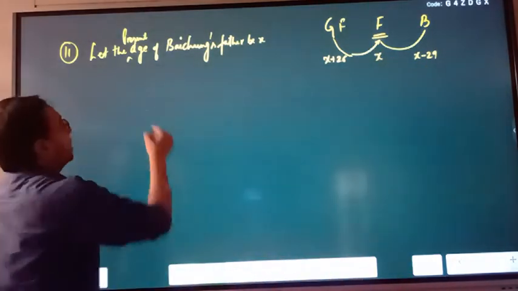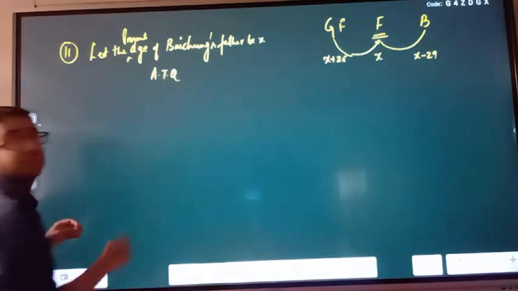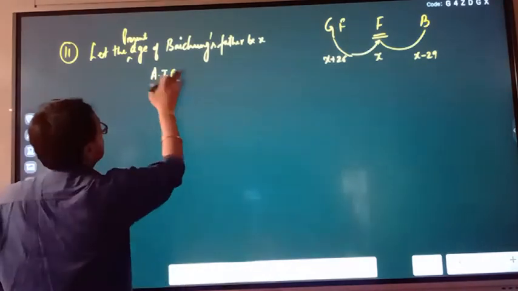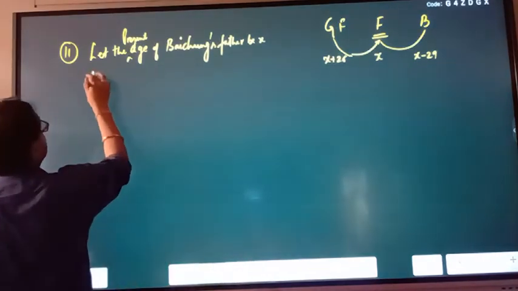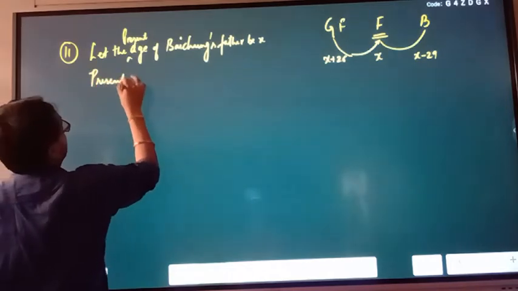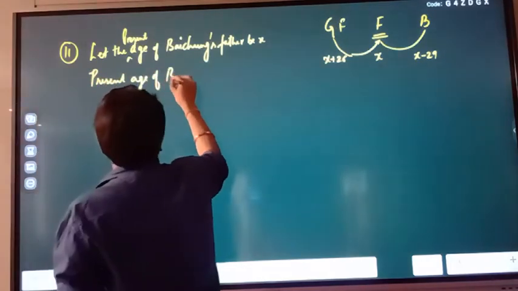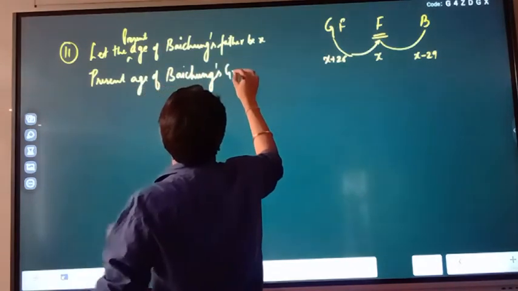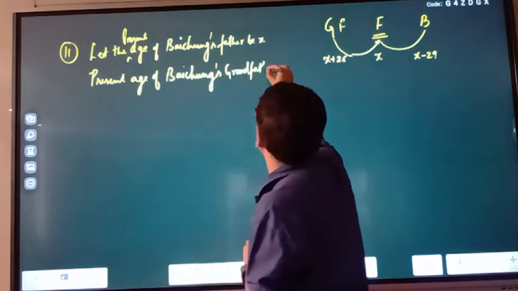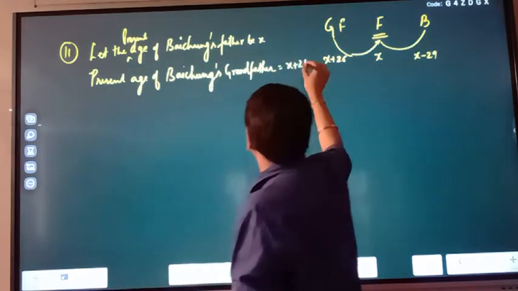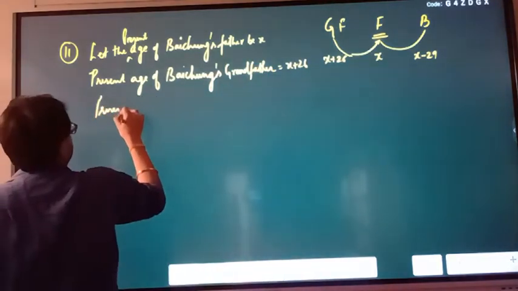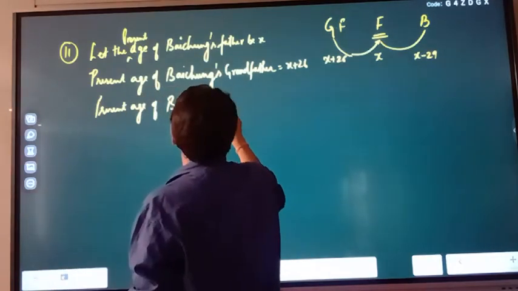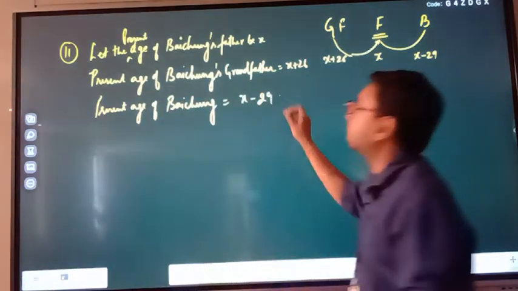The present age of Baichung's grandfather is equal to X plus 26. The present age of Baichung is equal to X minus 29.